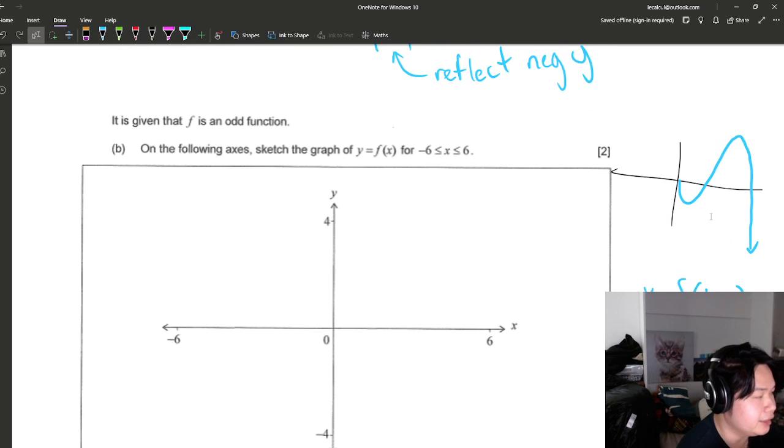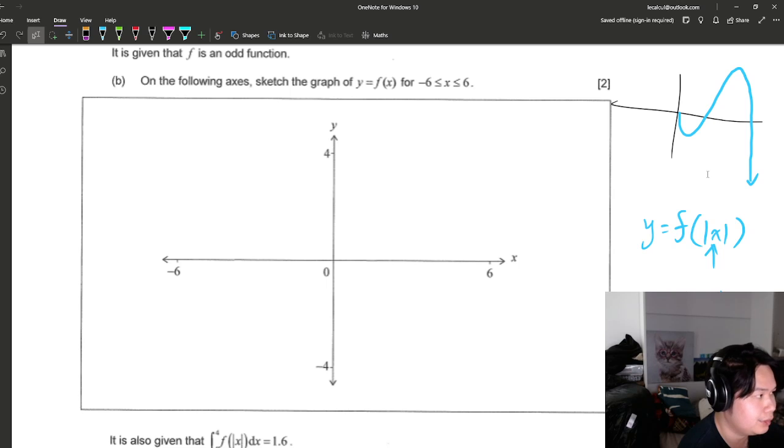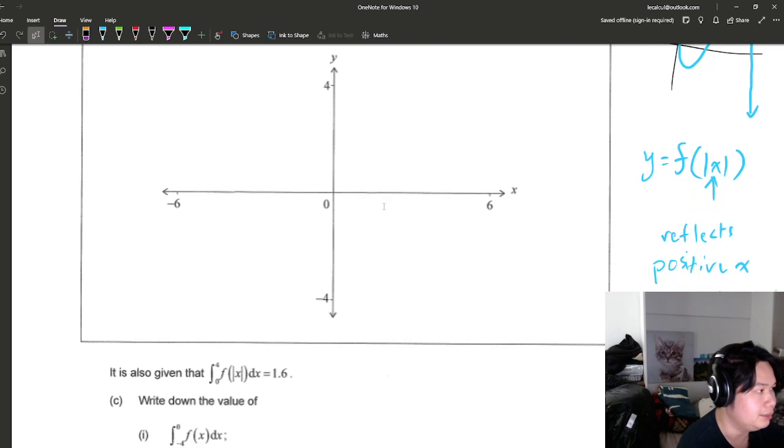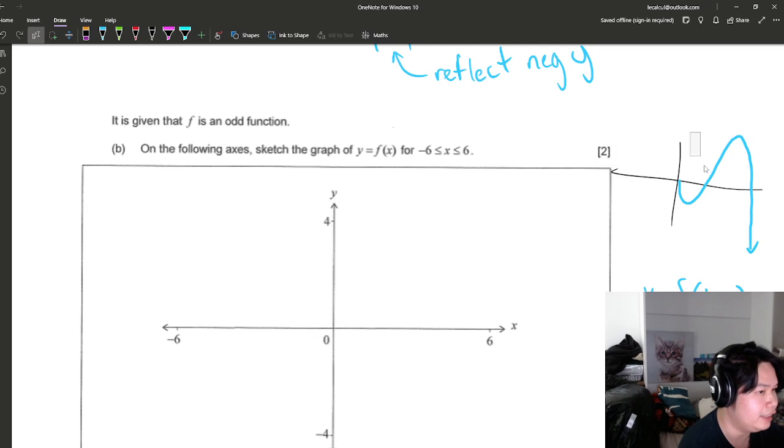Okay, so I already know what the original f function looks like, the right half, and then I need to know what the left half looks like, and for that they tell you that it's odd. So an odd function means that the right and left halves, if you're splitting down the y-axis, are double reflections of each other.